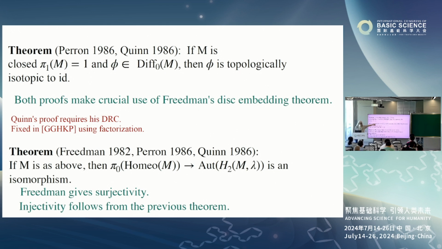So this is the theorem Ruberman used to say that, well, here's a diffeomorphism that's topologically isotopic to the identity, but using gauge theory, it wasn't isotopic to the identity.